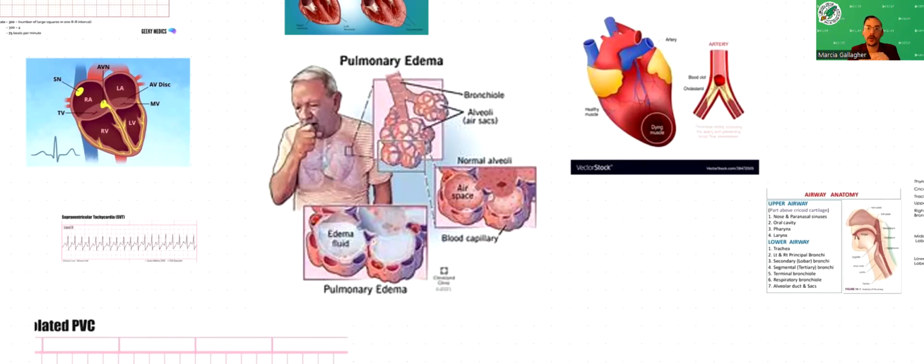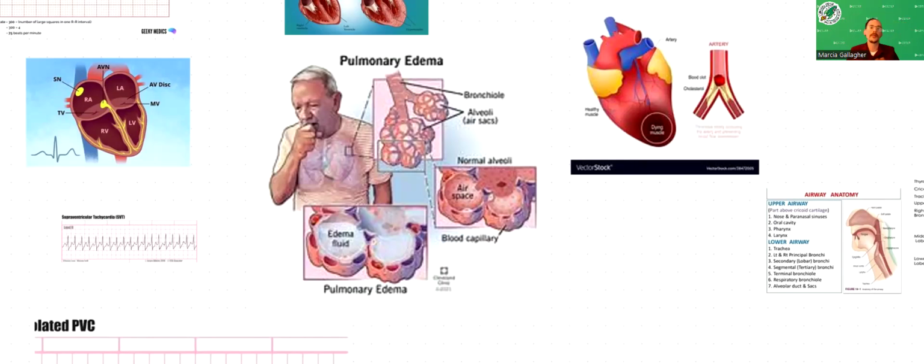Whereas left-sided heart failure, which is largely considered to be the worst of the two, means that your left ventricle, which is pushing blood out to your body, is not pushing out effectively. So you have that back pressure in your lungs. Because remember, the right side of your heart pushes blood to your lungs, and it's still doing that, but not all the blood is able to get into the left atrium and then the left ventricle.